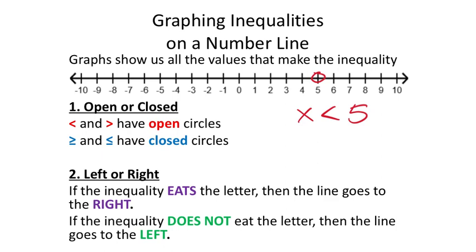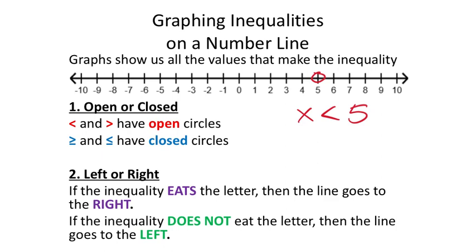Next up, is the line going to go to the left or the right? We just have to look at it in terms of eating the letter, or the variable. If it does eat the letter, the line goes to the right because the letters are bigger, so everything to the right is bigger. If it goes to the left, it does not eat the letter, because the letter represents any values compared to the number, and if it doesn't eat the letter, that means they're less than that number.